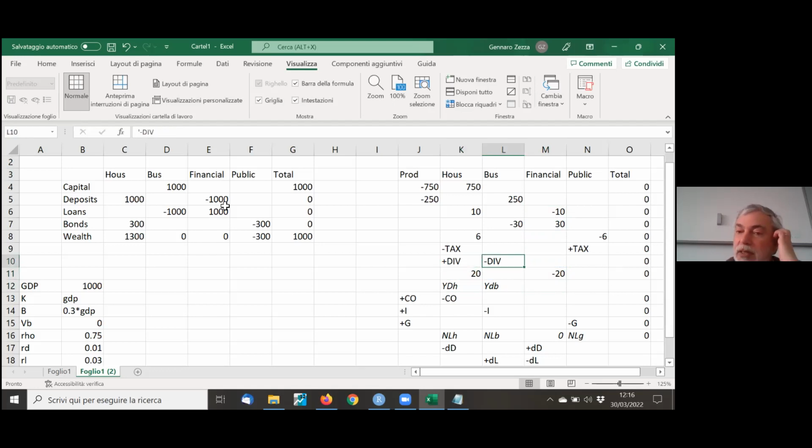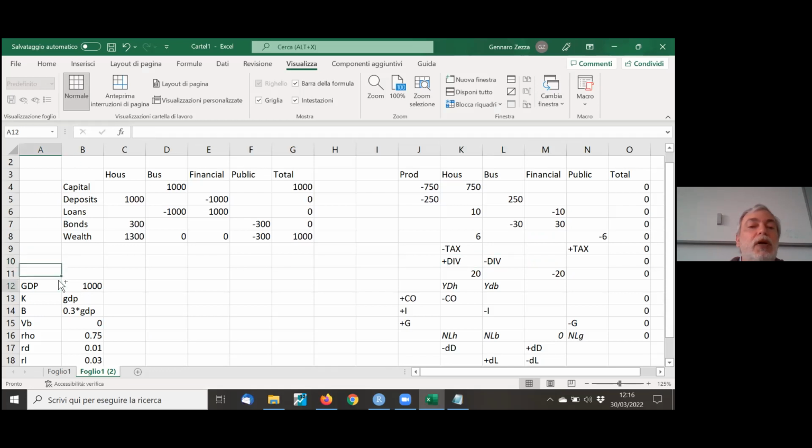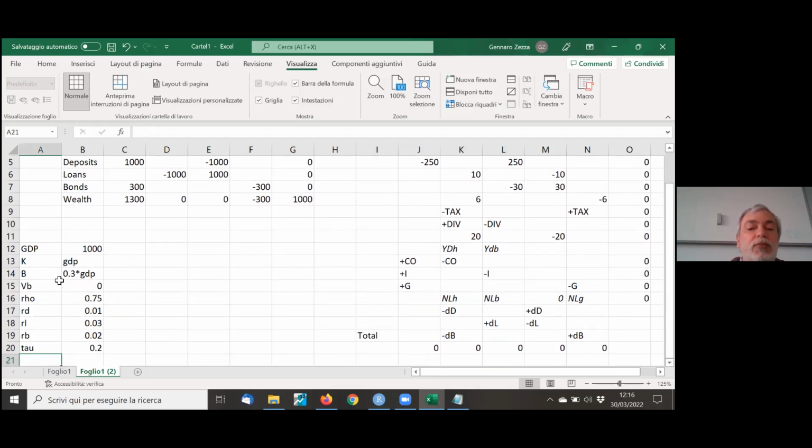And the dividends here, maybe I forgot to, no, I used this sigma. So let's say that sigma is what share do they distribute? Say they distribute 80%.